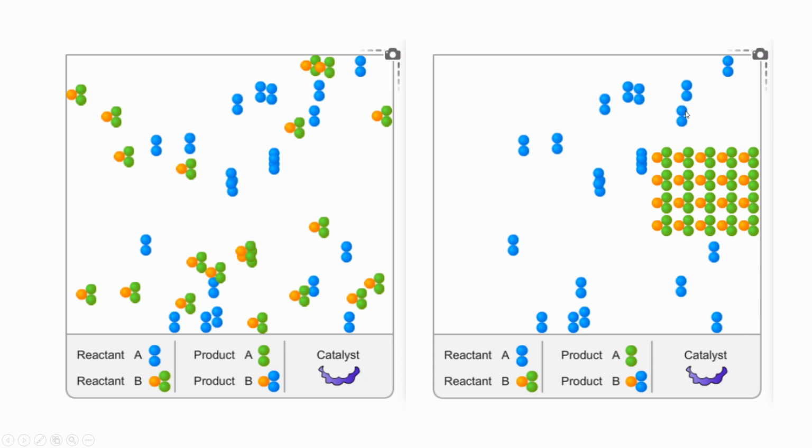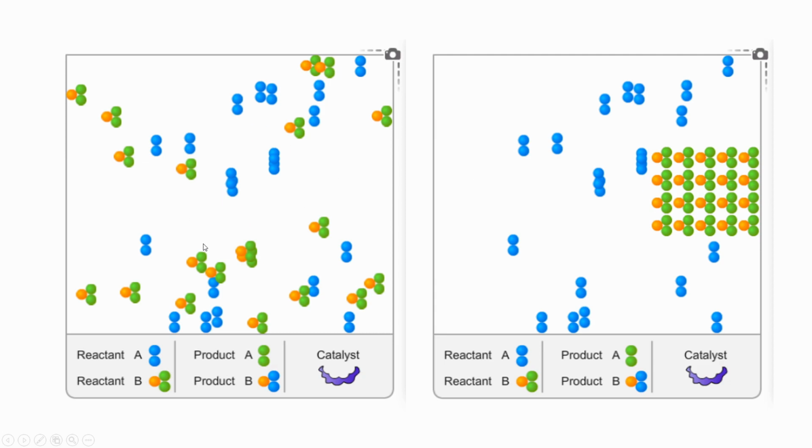The ones that are hidden away in the middle can't react because they can't be exposed to this other reactant, right? Whereas in the system on the left here, where we have very high surface area, this is like our granulated sugar, the one that's been ground up. Now all of these reactants are exposed to all of these other reactants. So collisions can happen to more molecules than in the case where we had low surface area, right?